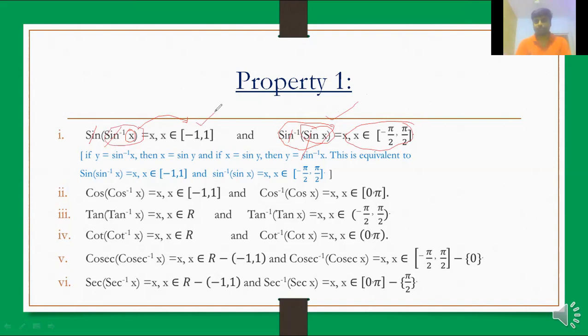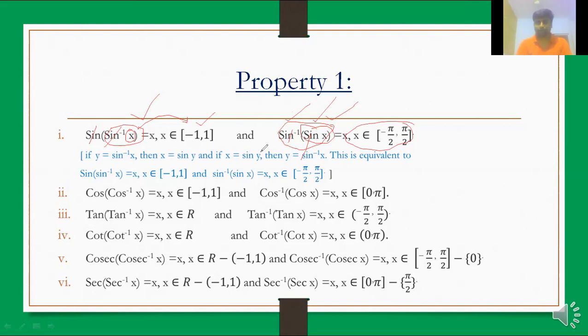Here inside is the inverse trigonometric function and outside is the trigonometric function, and here outside is the inverse trigonometric function and inside just the trigonometric function. Anyway, we have to remember the domains and ranges for that.